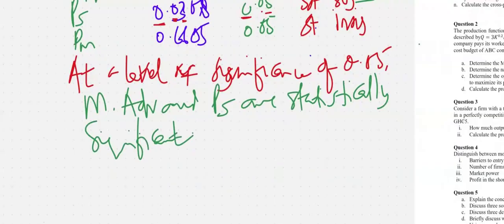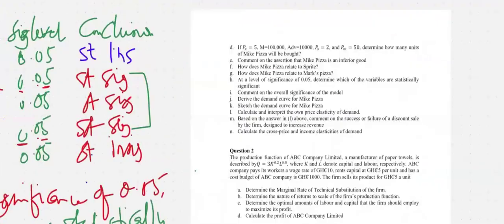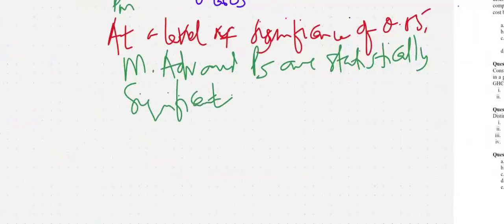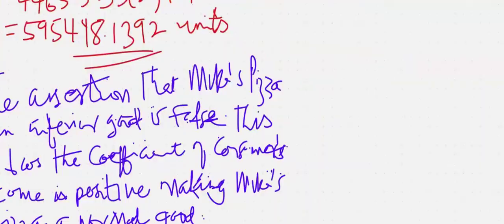All right, so let's move on to the next question. I. Comment on the overall significance of the model. Now let's go back to the first document. We need to pick information from there.